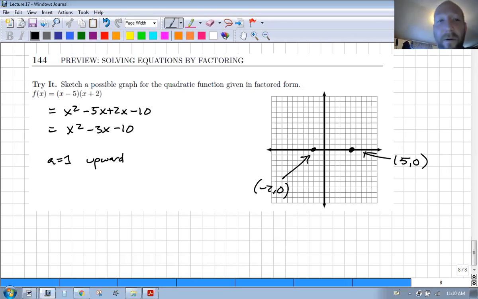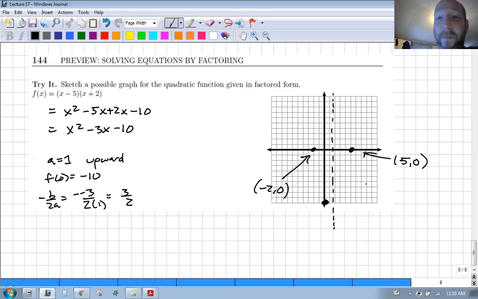If we plug a 0 in, f of 0 is -10, so we go 1, 2, 3, 4, 5, 6, 7, 8, 9, 10. Boom. So it's going to go through there. Our negative b over 2a is 3 over 2 times 1, which is 3/2, so that's like 1.5.